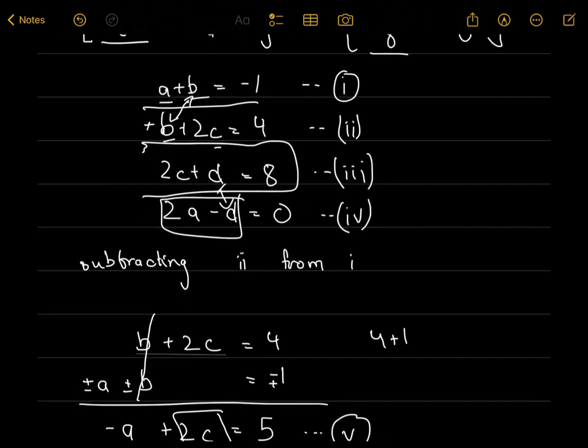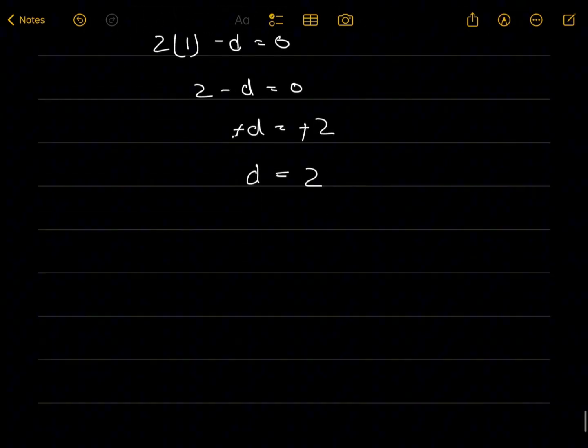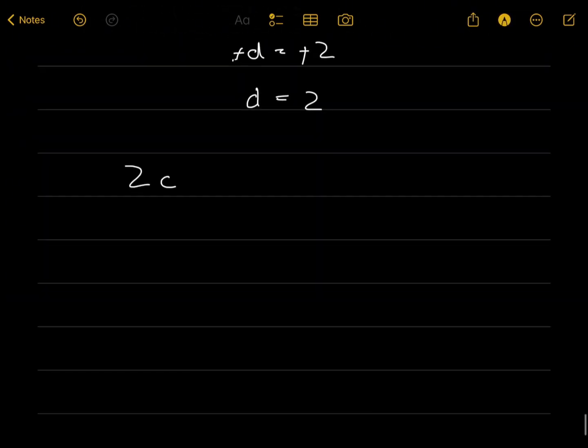So putting the value of D in equation number 3, 2C plus D equals 8. Putting the value of D in this equation, this is 2C plus 2 equals 8.